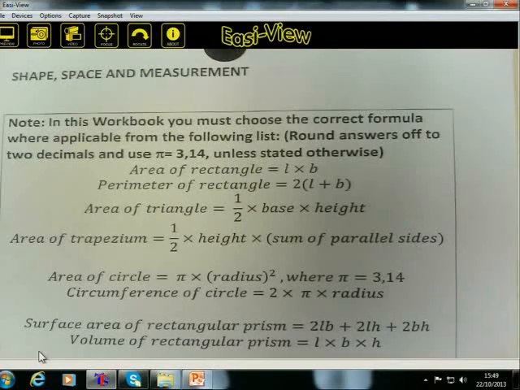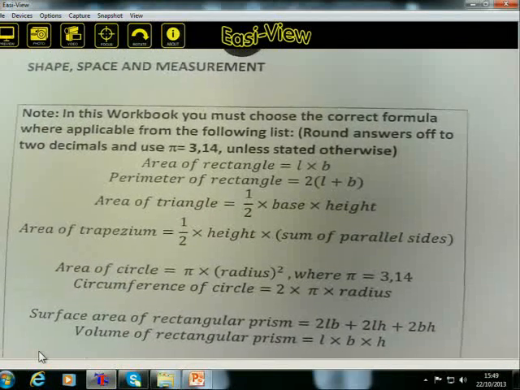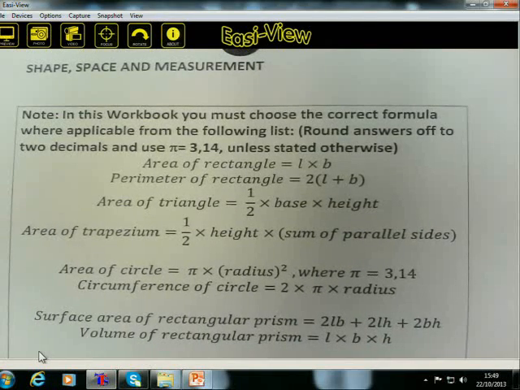In this workbook, you must choose the correct formula where applicable from the following list. Round the answers off to 2 decimals and use pi is equal to 3,14 unless stated otherwise. Please make sure that you round it off to 2 decimals. But also be on the lookout. Sometimes they ask you to round it off to 1 decimal.